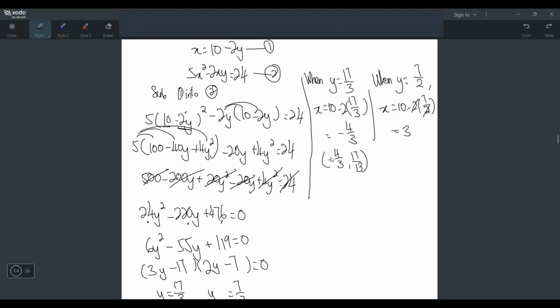So you have to write the bracket, then comma and everything. And this one is 3, not 13. And then the other point is x coordinate 3, y coordinate 7/2. So these two points are the coordinates of the intersection points. Can understand? No problem. Let's continue.